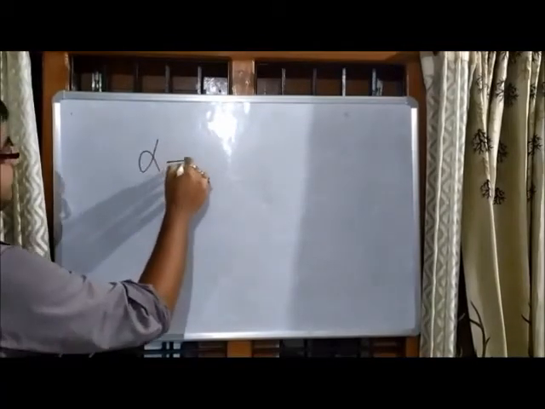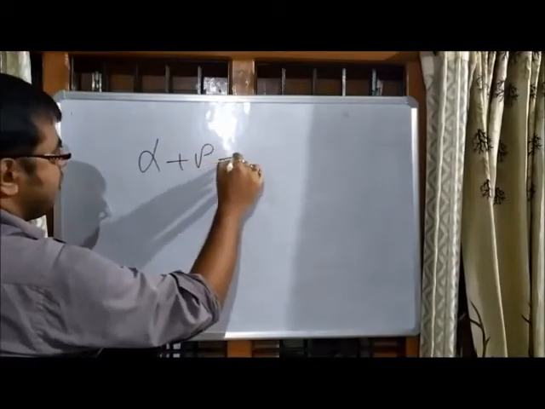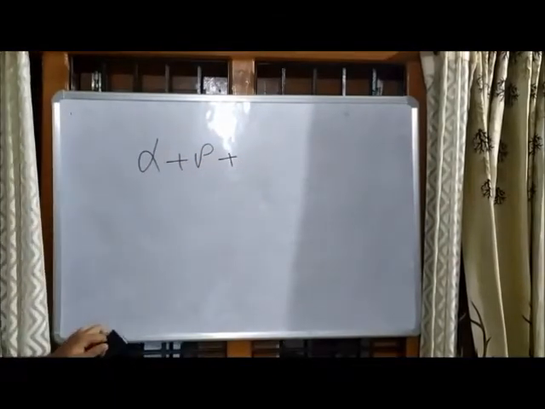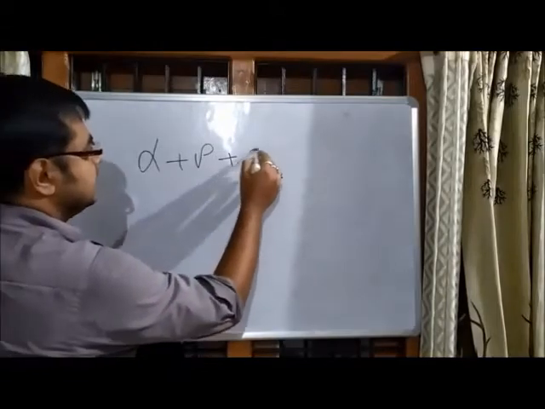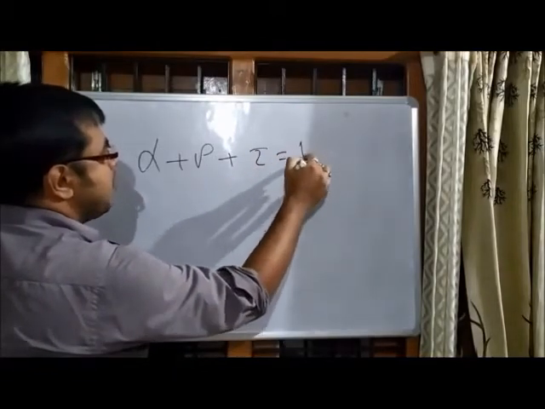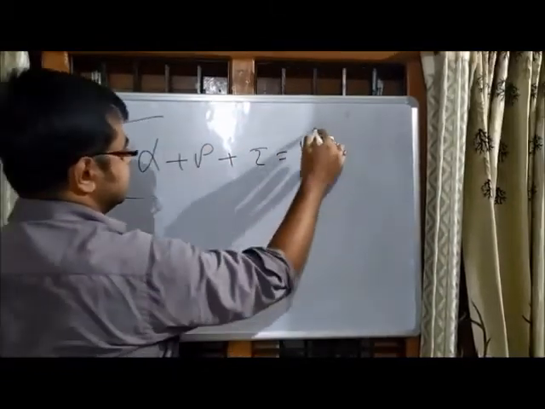As per thermal radiation, you should learn one thing: alpha plus rho plus tau is always equal to 1. Now what is this?